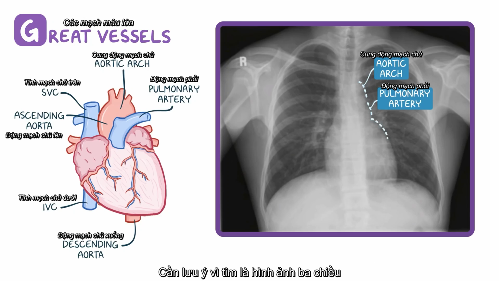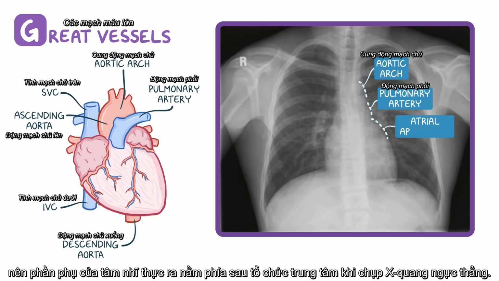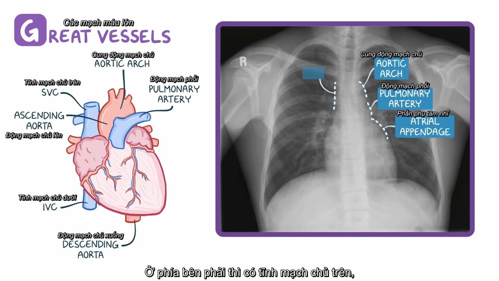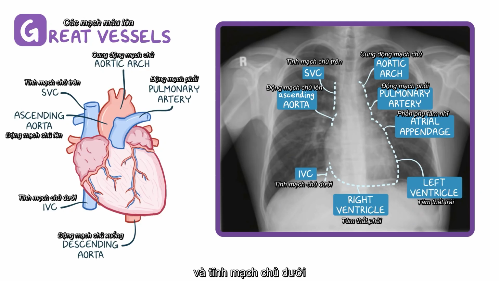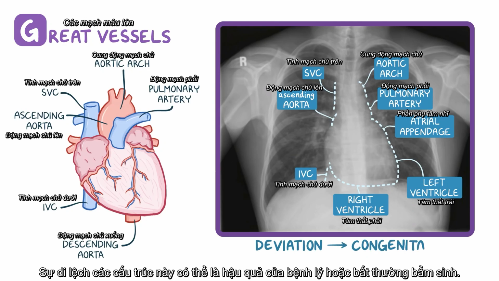Of note, since the heart is three-dimensional, the atrial appendage actually sits behind the central formation in frontal X-ray. On the right side, the superior vena cava, ascending aorta, right ventricle, left ventricle, and inferior vena cava should all be visible.